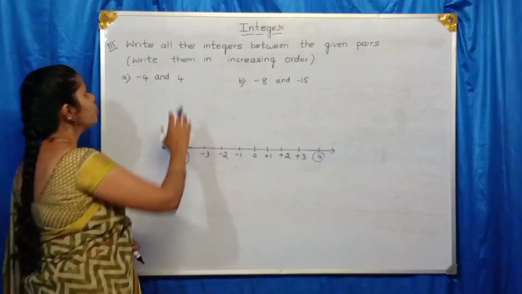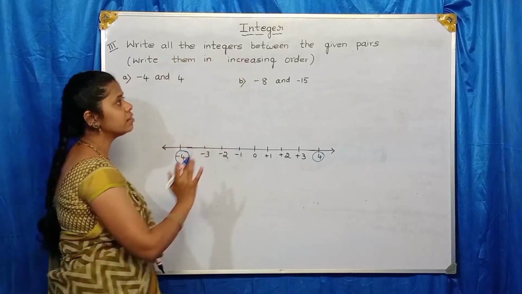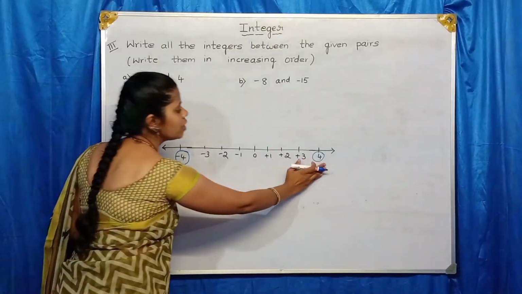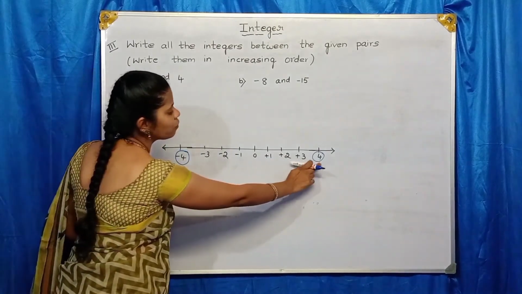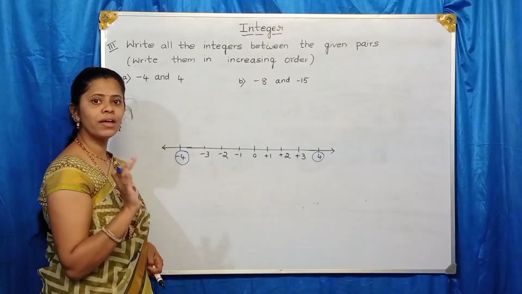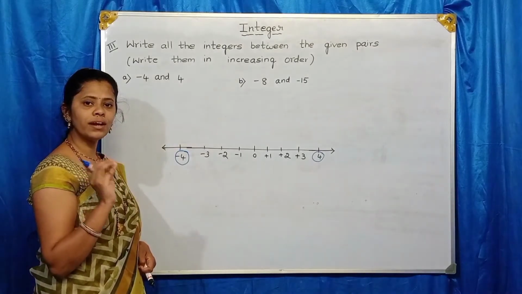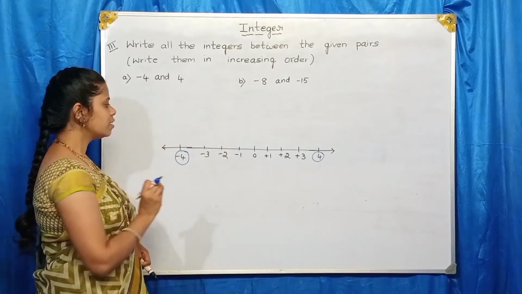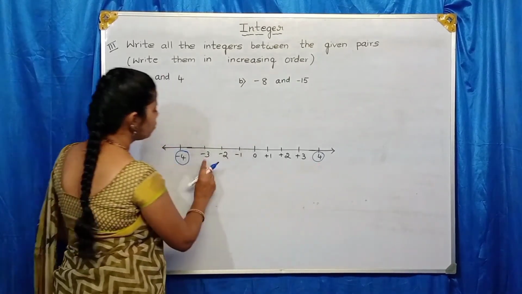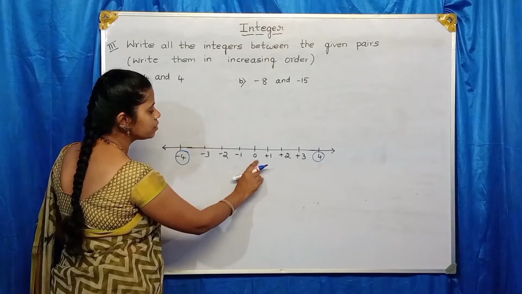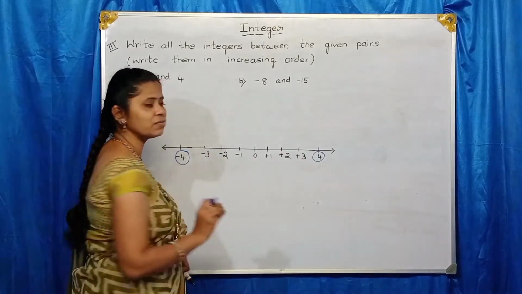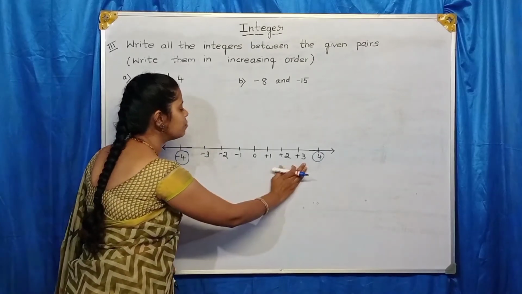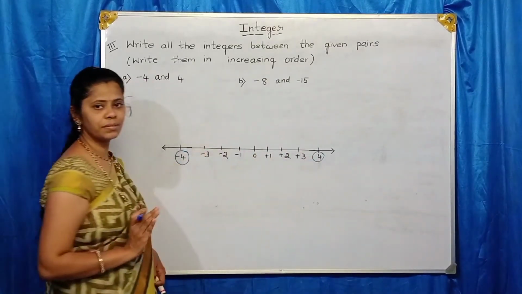What we have to do? We have to write all the integers between the given pairs. That is -4 and +4 are the given pair of numbers. And we have to write the numbers which come in between these two numbers. See here, in between these two, -3, -2, -1, 0, +1, +2, +3 will come, isn't it? So, these are the numbers which come in between these two numbers.